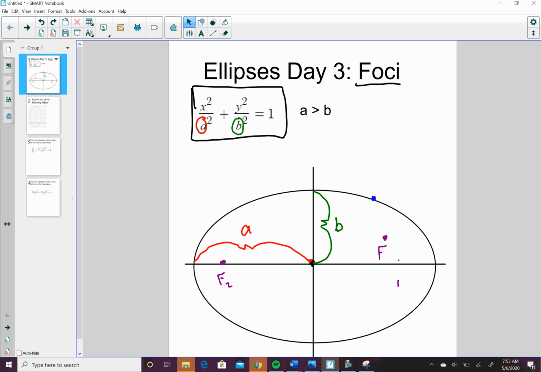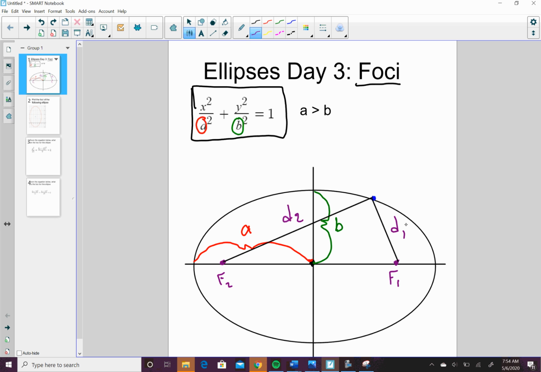So if I find the distance between foci 1 and a point on the ellipse, and foci 2 and the point on the ellipse, I'm going to say that's D2 and that's D1.